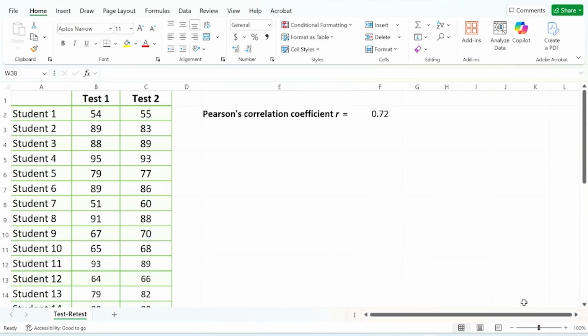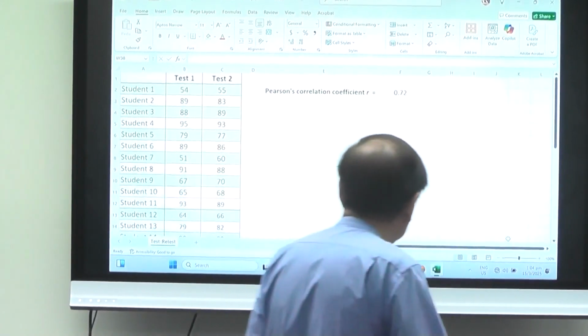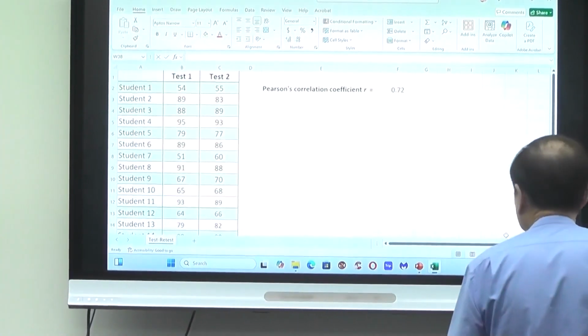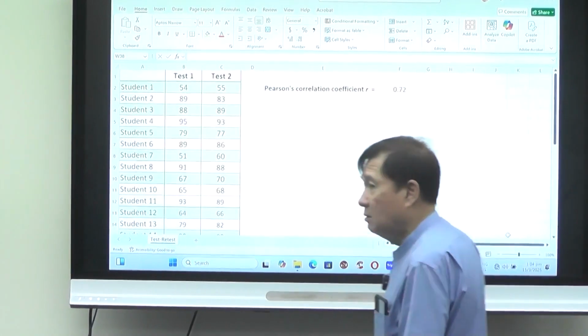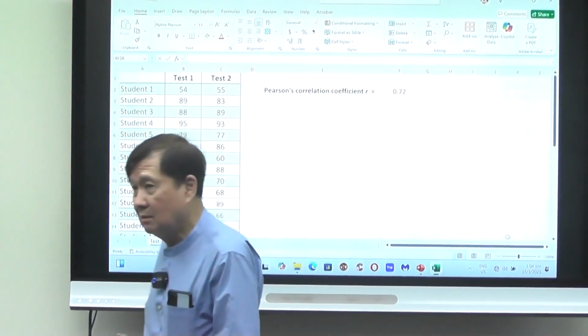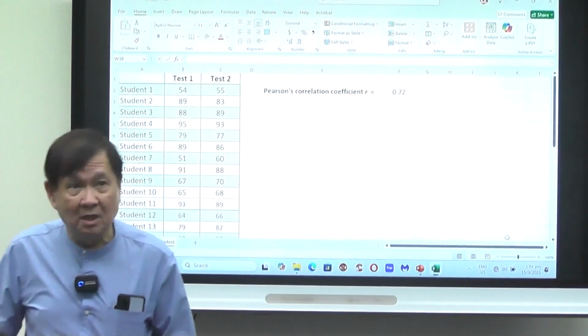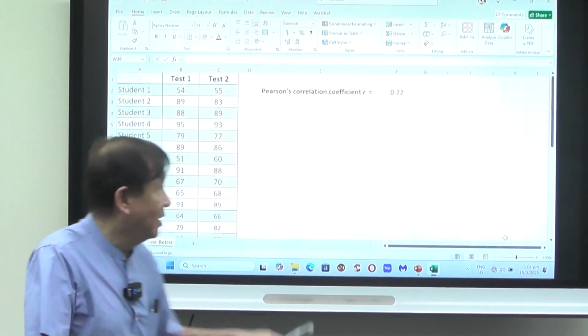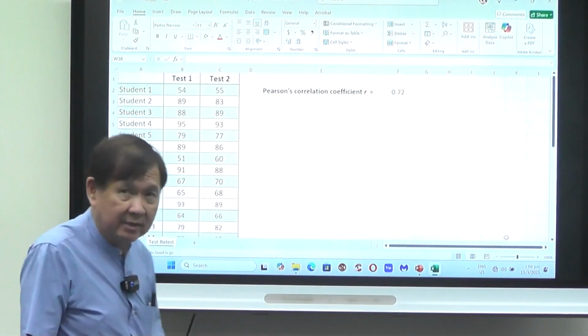You call up your Pearson. You got it? Is it 0.72? Okay, good. It's very easy. You don't have to know the complex formula. You look at it and tell yourself, is it a good test or not? You have to decide on this question at the end of the day. The figure is meaningless unless you can interpret what it says.